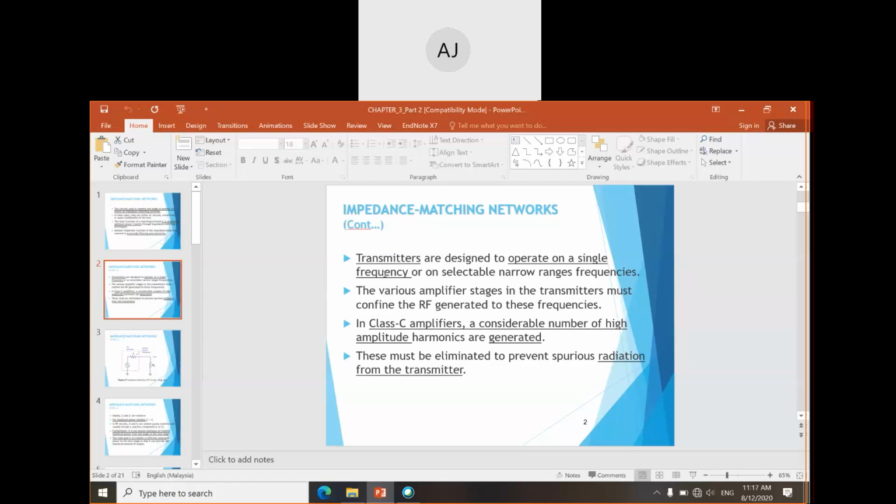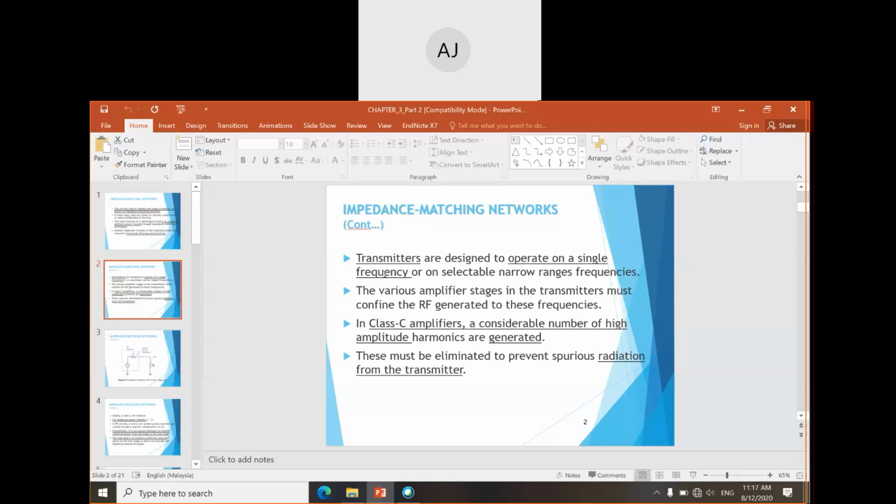However, the amplifier, especially the class C amplifier, will generate several frequencies with high amplitude. The amplifier is used to amplify, to increase the power, and when it increases the power, it generates several frequencies with high amplitude.